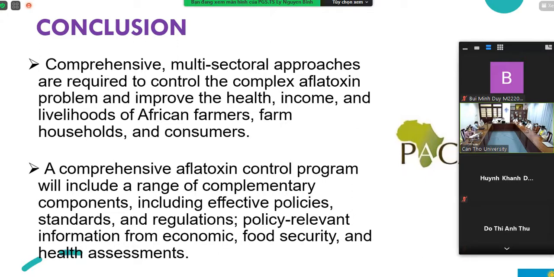A comprehensive aflatoxin control program will include a range of complementary components, including effective policies, standards, regulations, and policy-relevant information from economic, food security, and health assessments. Thank you so much.